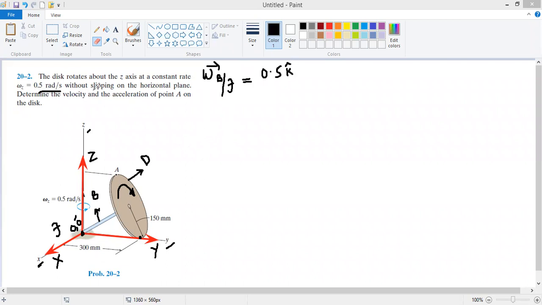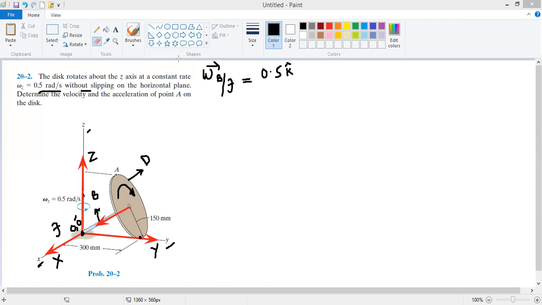And it is also stated that the disk is spinning. Let's suppose the sense of spinning of the disk is clockwise. If we curl our fingers in the direction of this arrow, then the spin vector of this disk will be in this direction.